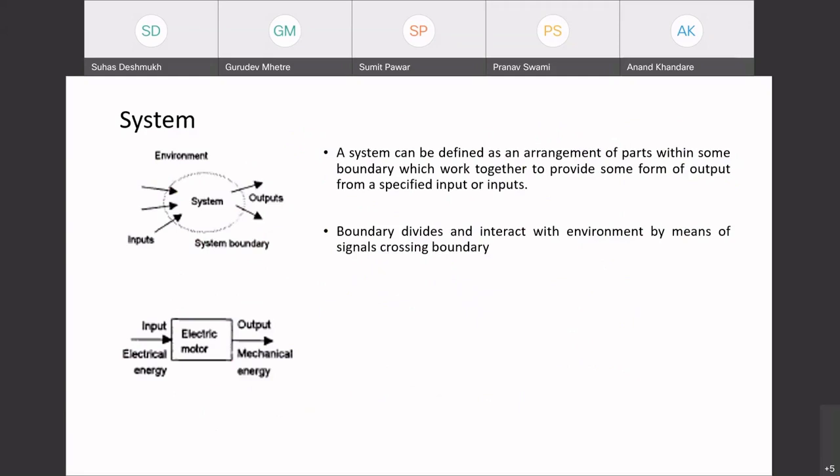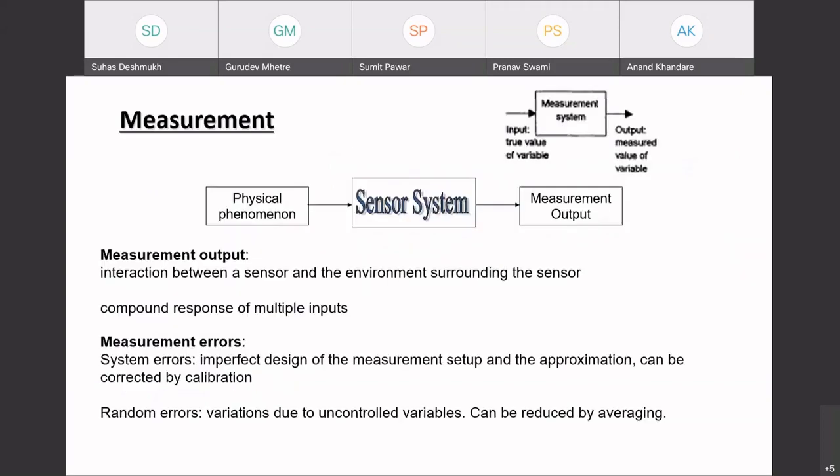Like an electric motor, a simple example: electrical energy, in terms of voltage and current, is sent into this electric motor, and it converts that electrical energy into mechanical energy. Mechanical energy means ultimately you convert it into torque and omega as output parameters.